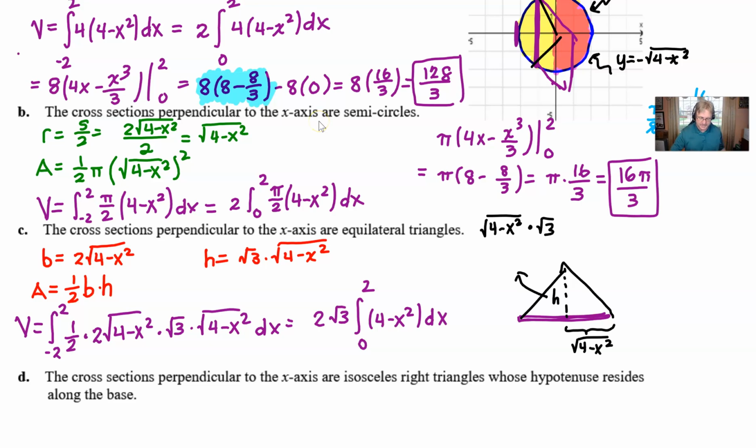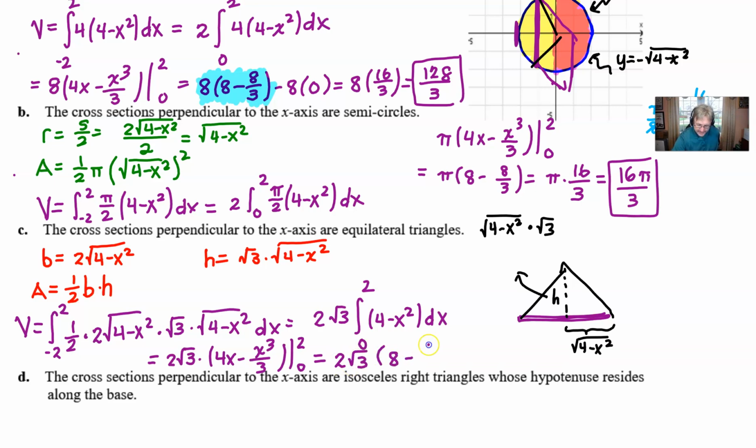Now if we finish this up, and I know I'm kind of running out of room, so I'll use some space down here. 2 root 3 comes out to the front. Integrate 4, you get 4x. Integrate x squared, you get x cubed over 3. Throw in your 2 and your 0. I'm so glad that 0 is a boundary. And we have 2 square root of 3 times the quantity.